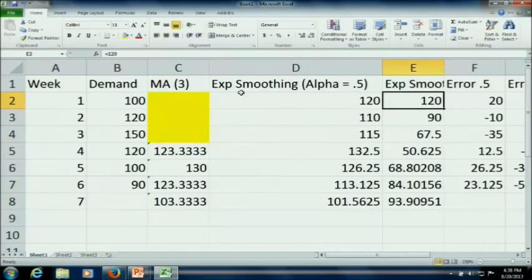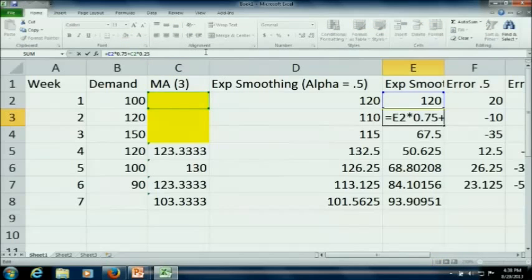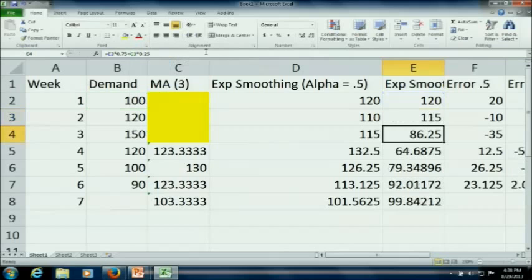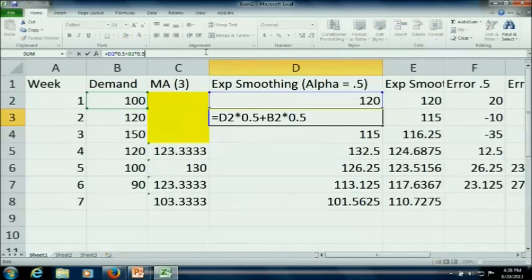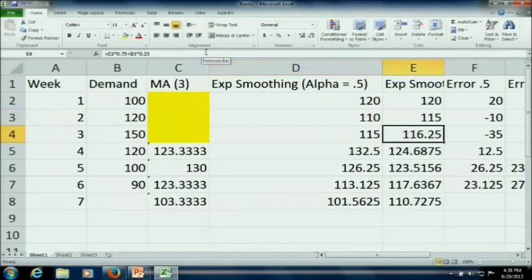Now let's make sure we did this right. Our initial forecast in both cases for week 1 was 120. Take 75% of that initial forecast with the smoothing constant of 0.25 and take the demand, which would be B2. Okay, that one at least is right.